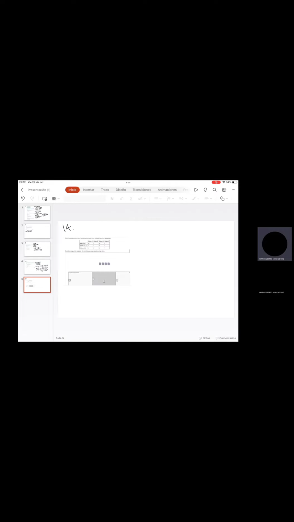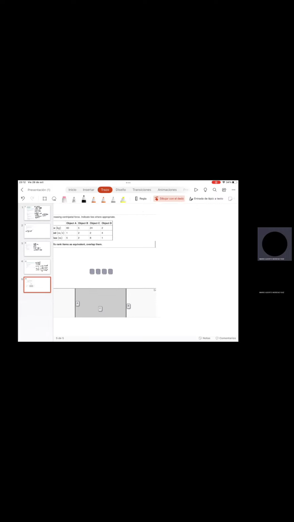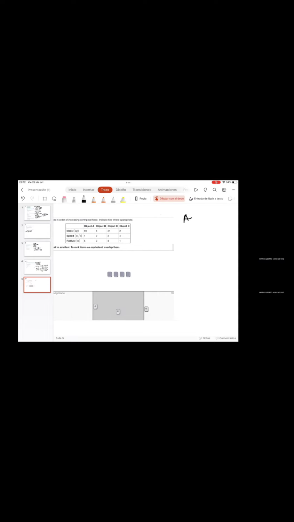So now going to the last problem, the 14. It says, rank these objects in order of increasing centripetal force. Indicate ties where appropriate. We have the data there, and they are asking us to rank from largest to smallest the centripetal force of each. So first we are going to calculate the force for letter A, where we have mass, speed, and radius.